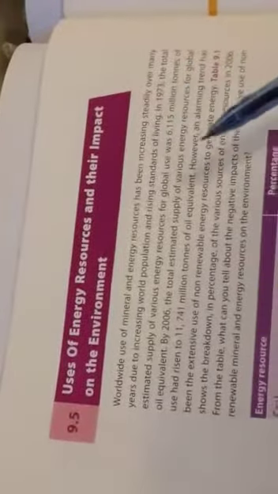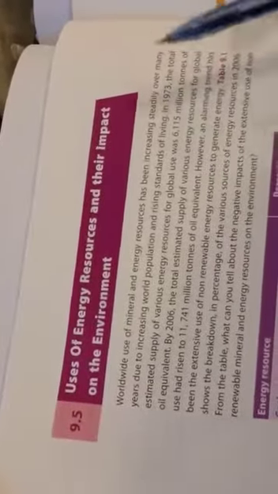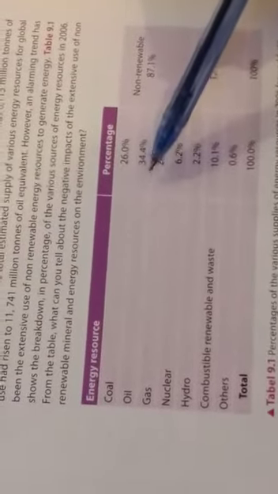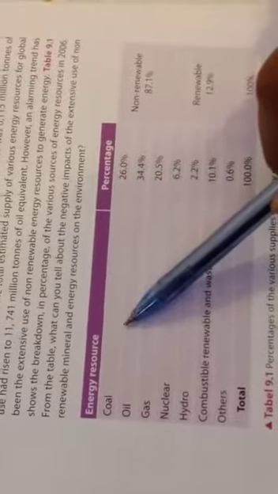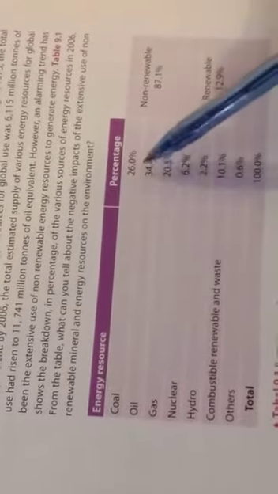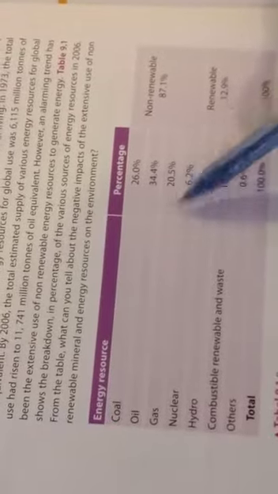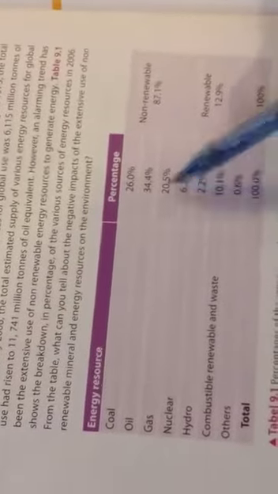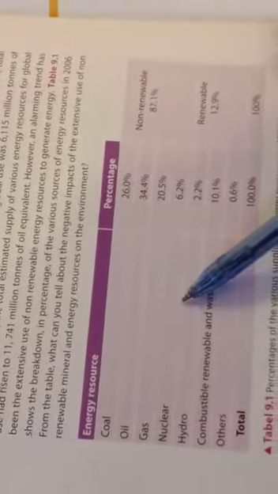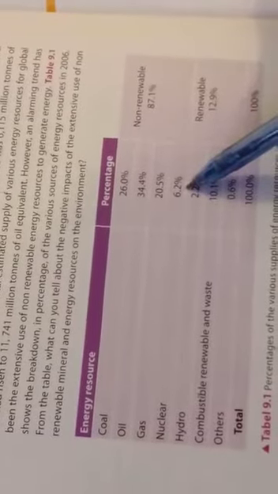Now we are going to discuss some of the uses of energy resources and their impact on the environment. Look at this table. This table refers to the percentage of different energy resources. Coal produced 26% of the world's energy, oil produced 34.4%, gas produced 20.5%, and nuclear energy produced 6.2%.